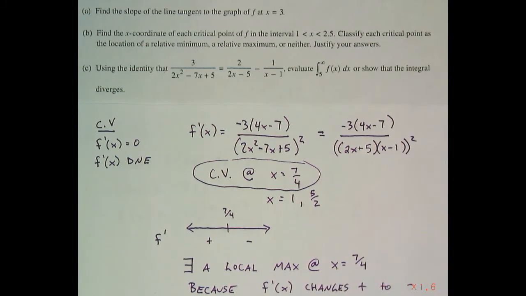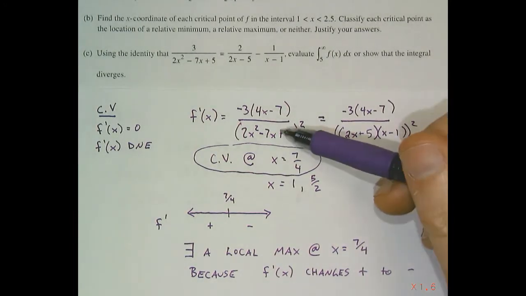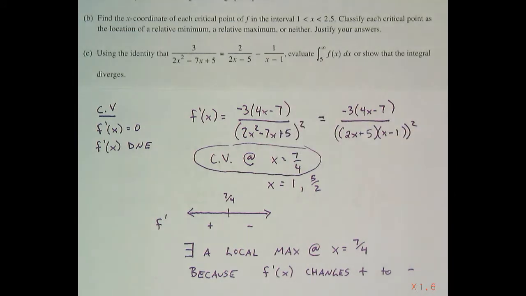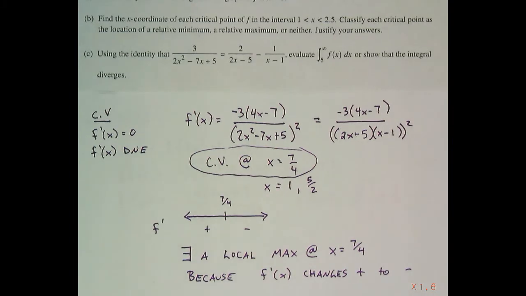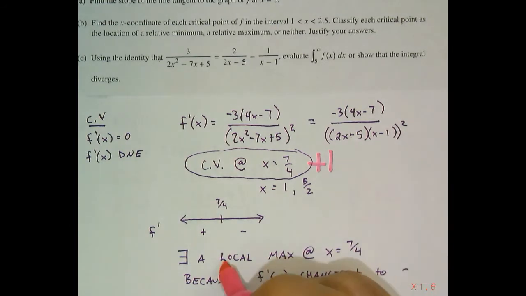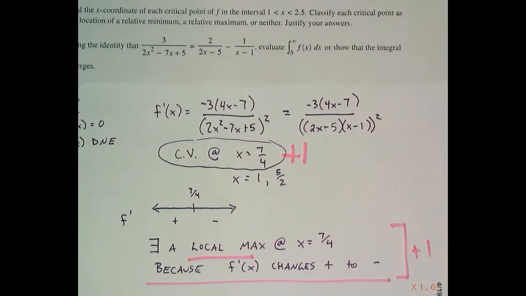So that's using the first derivative test for local extrema. It is possible to use the second derivative test if you wanted to find the second derivative of this. However, that's a pretty nasty thing to do a second derivative for. So the points come from 1, did you find the critical value? And 2, did you conclude a maximum with a justification? So those 2 points come from those 2 locations.